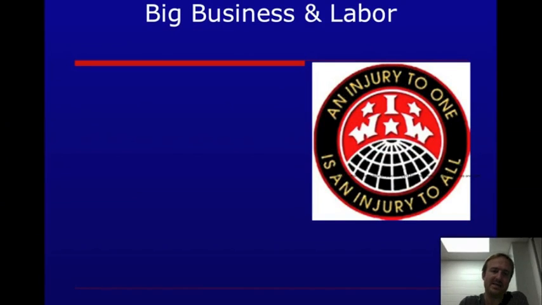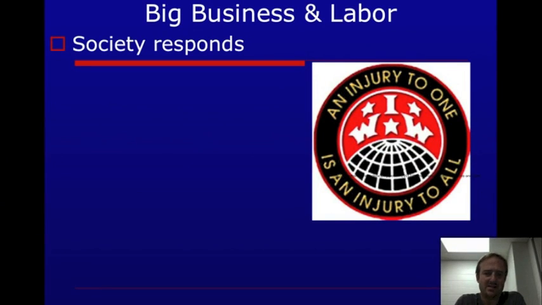So how does society respond to these business practices? For starters, it really helps to start with the laborers themselves, the industrial workers, who are mostly men, and many of whom are immigrants. How do they overcome this?